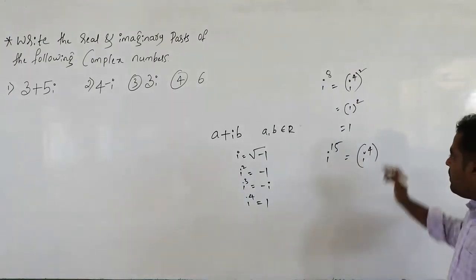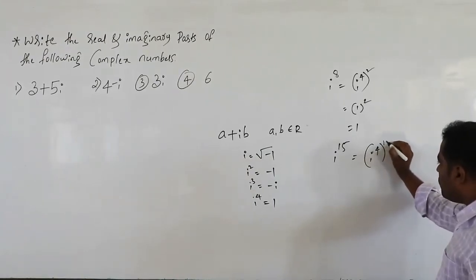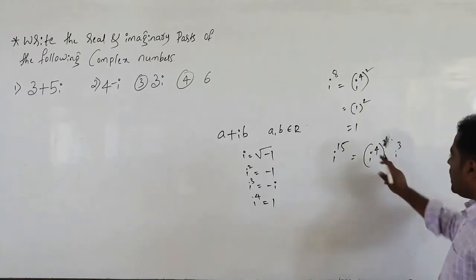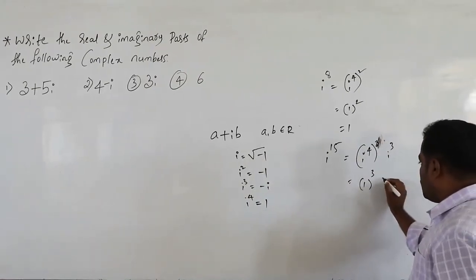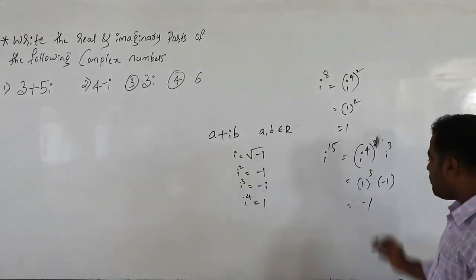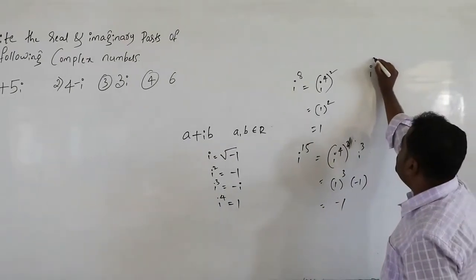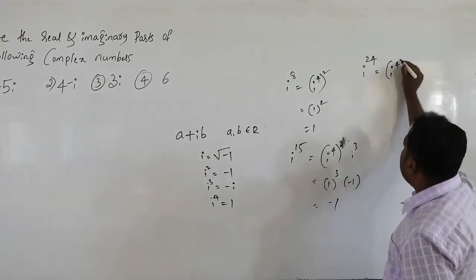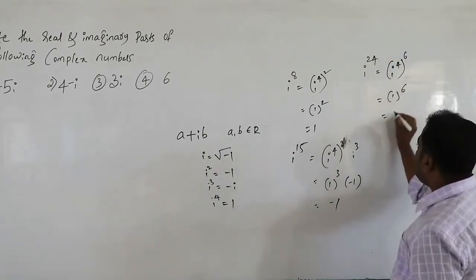Next, adjustment: 4 into 1, 4 into 2, 4 into 3 is 12. Next the remaining i cube, again 12 plus 3 is 15. i raised to 4 has value 1, i cube has value minus 1, so 1 into minus 1 is minus 1. i raised to 15 has value minus 1. Similarly i raised to 24: again i raised to 4, 4 into 6 is 24, 1 raised to 6 has value 1.